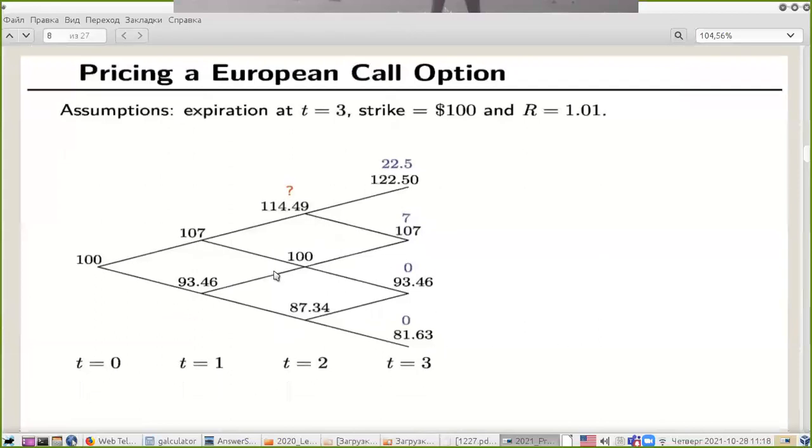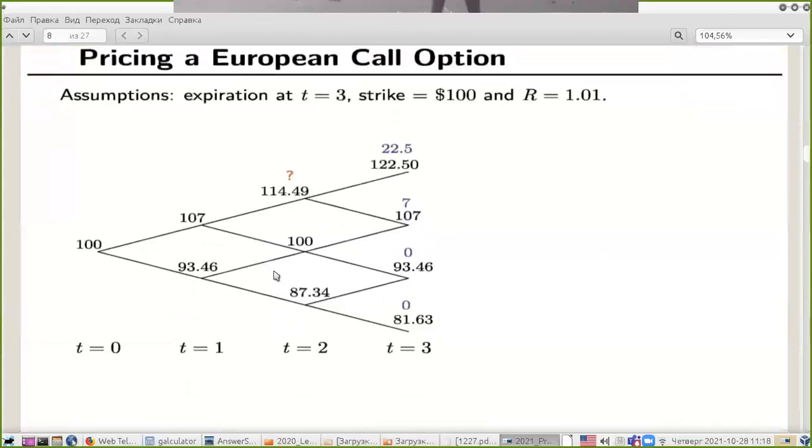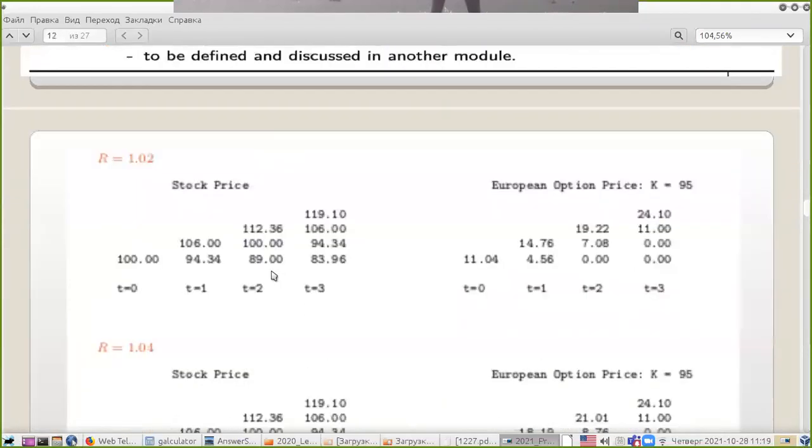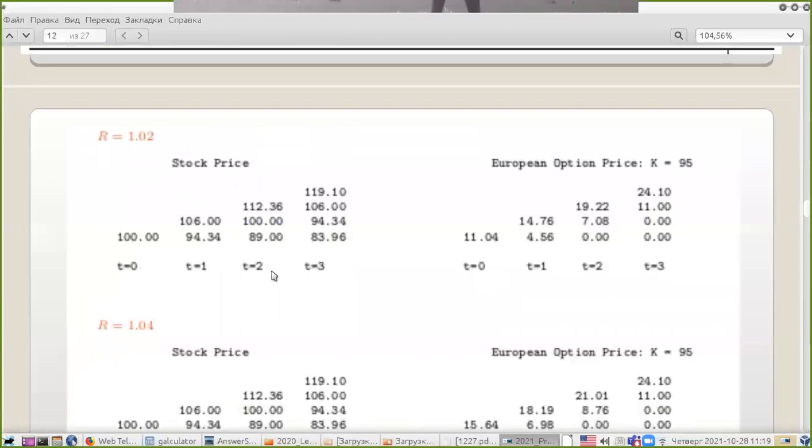So that's first. After that, we learned how we can price a European call option using the backwards method. For this method, maybe we can use Excel.